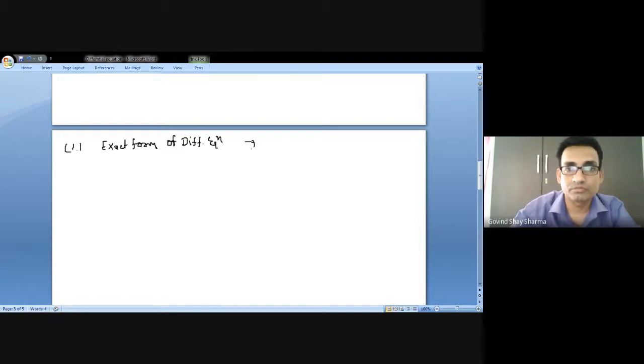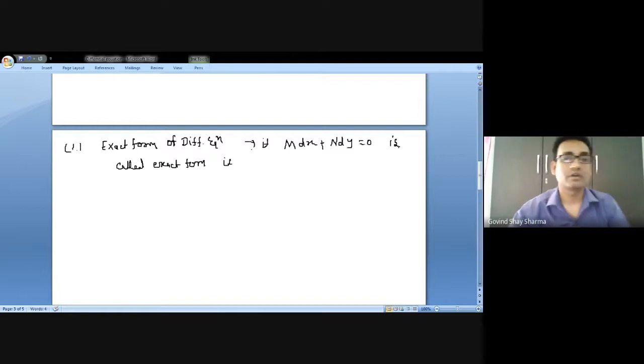The equation in this form, m dx plus n dy is equal to 0. This type of equation is called exact form if del m upon del y is equal to del n upon del x.